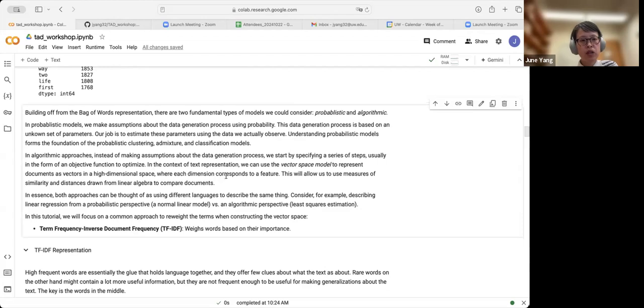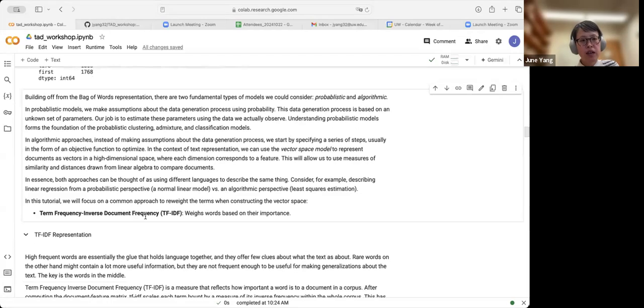Building on the bag of words approach, there's the TF-IDF approach, where instead of using the frequency with which a word appears in the document, we assign the weights, or cell values, of this matrix based on a certain measurement of importance. And this measure will be really important if we dive deeper into the algorithmic approach, where each term can not only be represented by one number, but also by a vector.